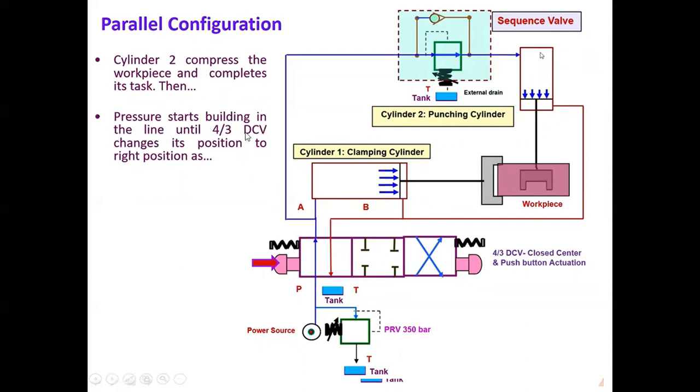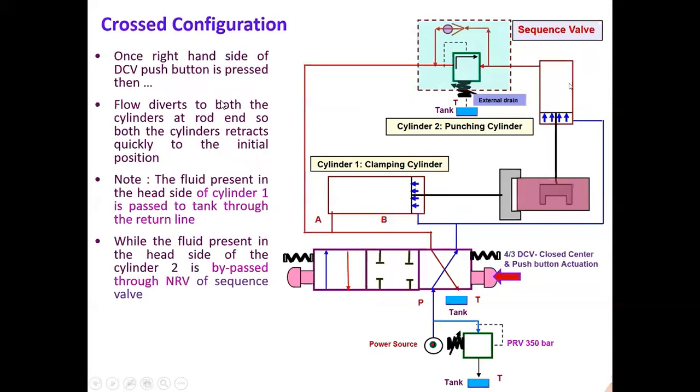Pressure starts building in the line and the 4/3 DCV changes its position to the right position, the cross configuration. Once the right-hand side push button is pressed, flow diverts to both cylinders at the rod end, so both cylinders retract quickly to the initial position.